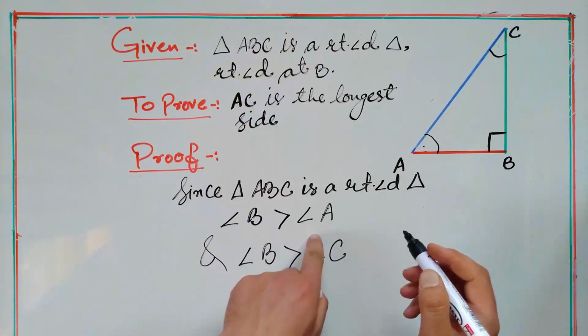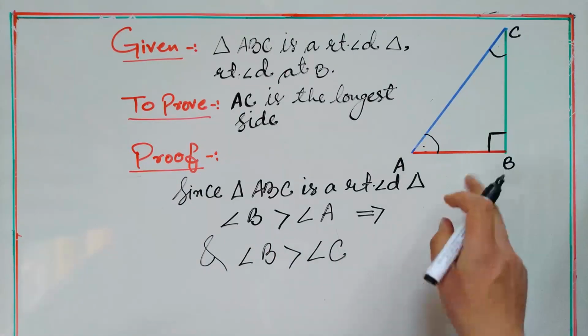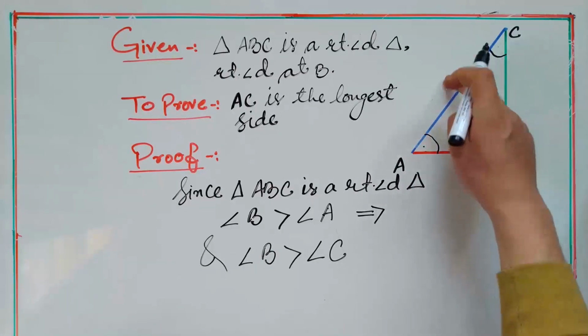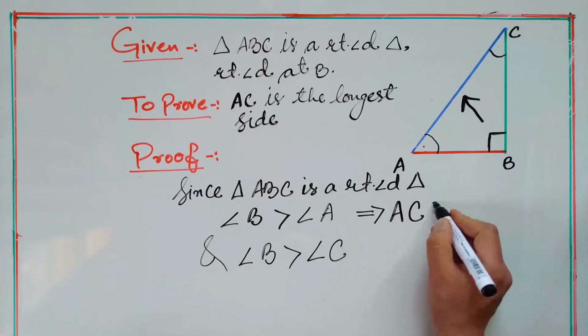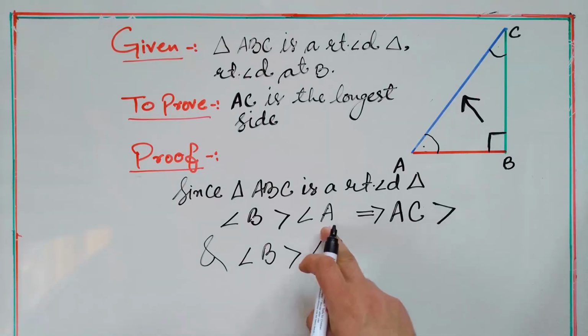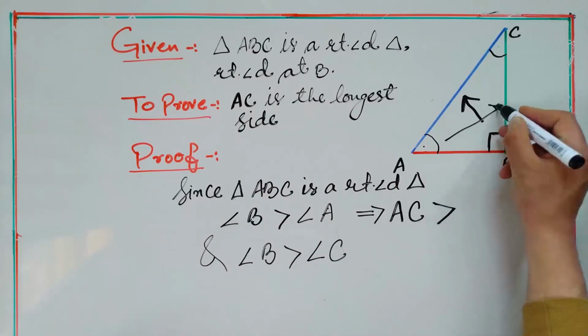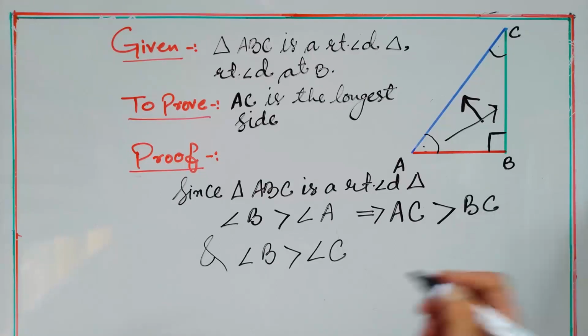If angle B is greater than angle A, it implies the side opposite to angle B, which is AC, is greater than the side opposite to angle A. This is angle A, and the side opposite to it is BC. That means AC is greater than BC.